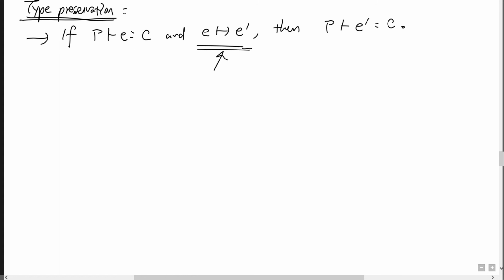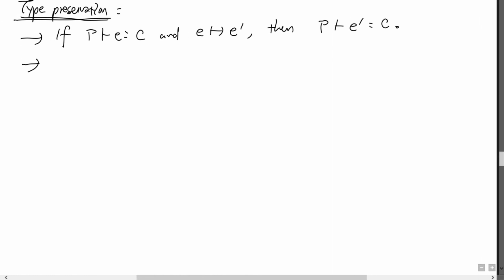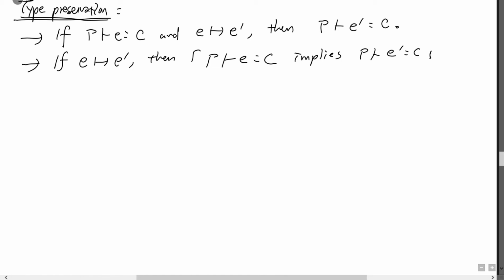So the first step is to rephrase the statement into a more amenable form, which is, in our case: if expression E reduces to E prime, then this assumption implies this typing judgment, E prime C. Then how do we prove it? Proof by rule induction on this reduction judgment.